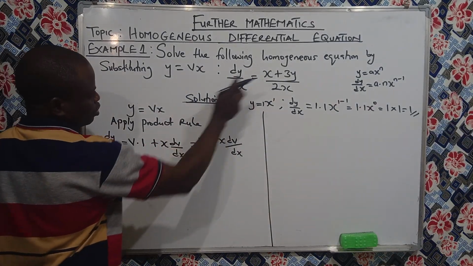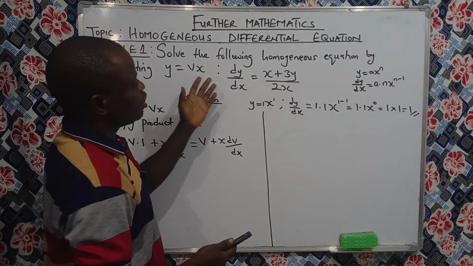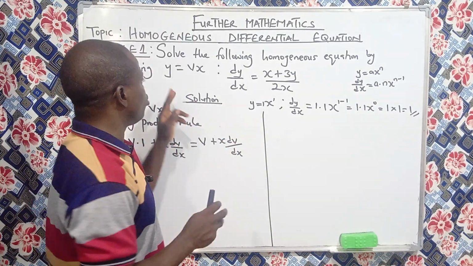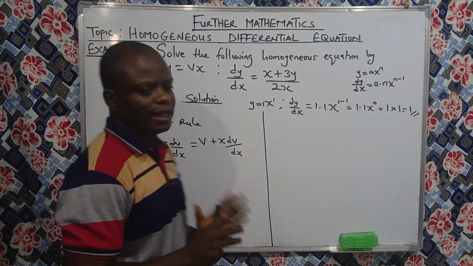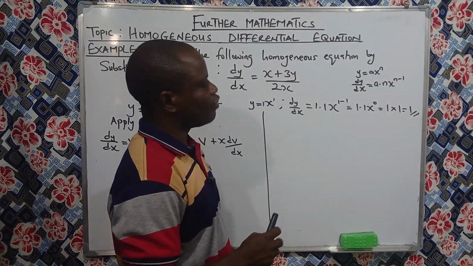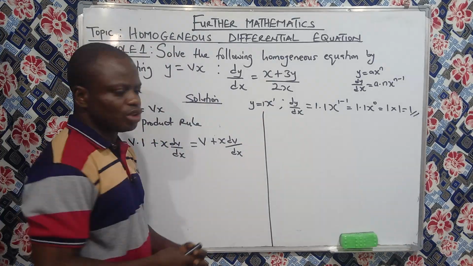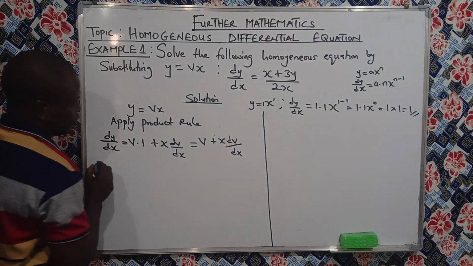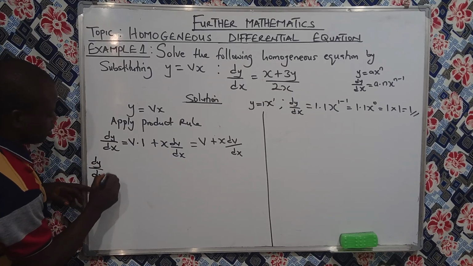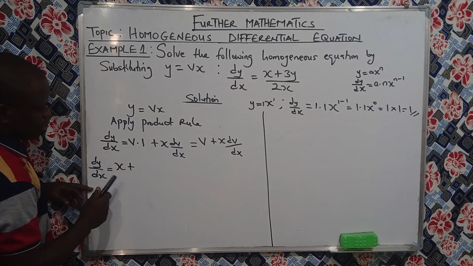Now you go back to the equation given. Don't forget that under homogeneous differential equation, it must always come to your mind that you must substitute y equals vx. That's the condition under homogeneous differential equation. Y equals vx is substituted in the equation given. You now have dy over dx equals x plus 3y over 2x.